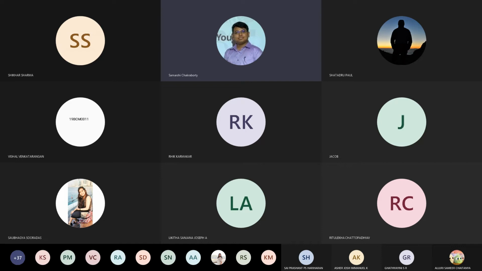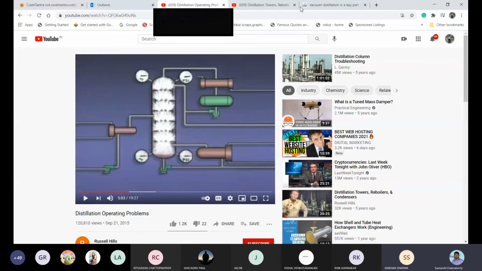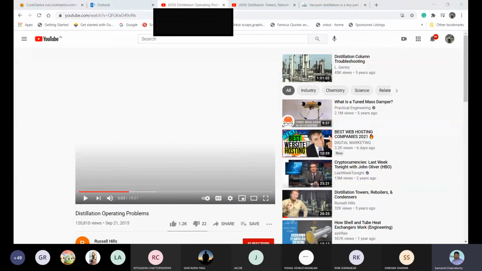Okay, good. At least some of you have understood. Just a moment. Sir, in that slide, does everything which goes to the condenser get condensed, or only partially? It has to be condensed.